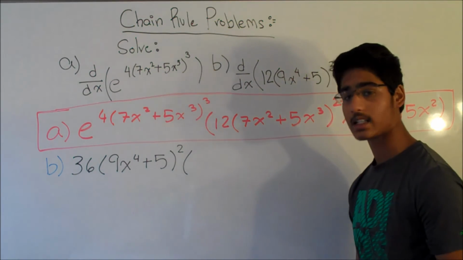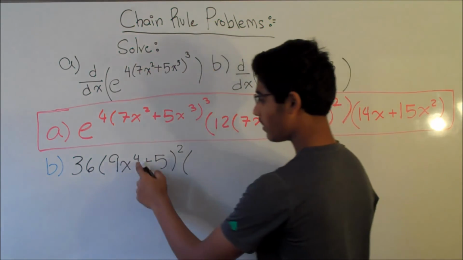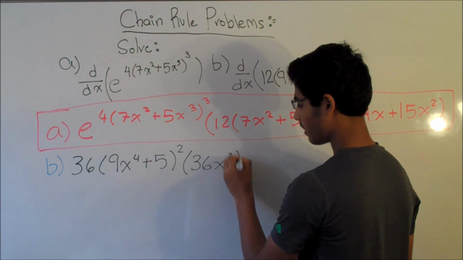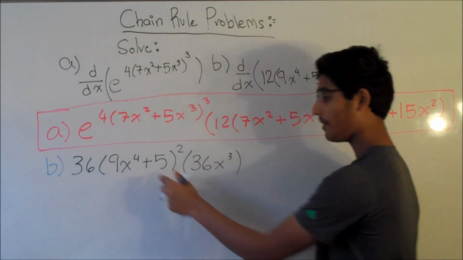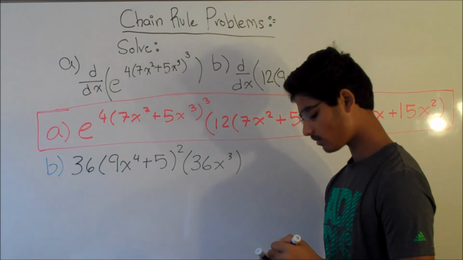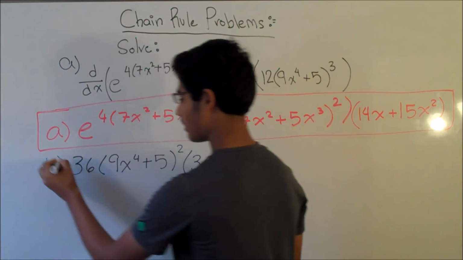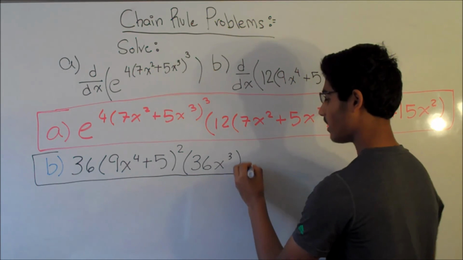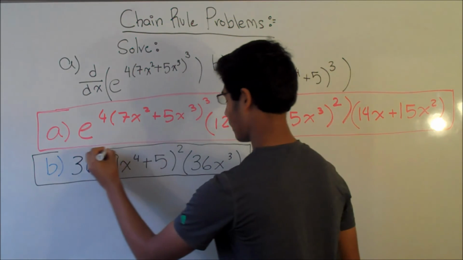The derivative of 9x to the 4th plus 5 would be 4 times 9 is 36x cubed, because we know that the derivative of 5 is 0, so we don't add anything. So the answer to part B is 36 times 9x to the 4th plus 5 squared times 36x cubed.